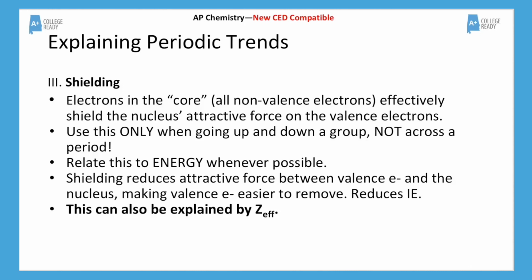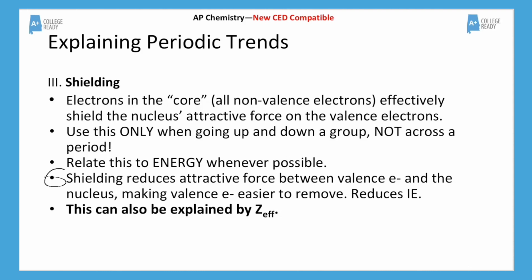This is really, if we talk about Coulomb's law, it kind of takes care of this. So as you look at this bulleted point, shielding reduces the attractive force between valence electrons and the nucleus, making valence electrons easier to remove.